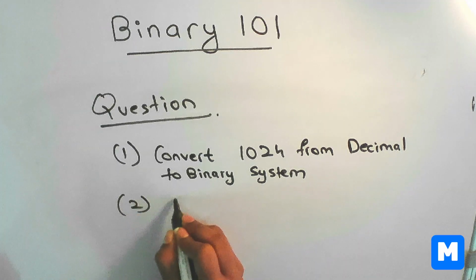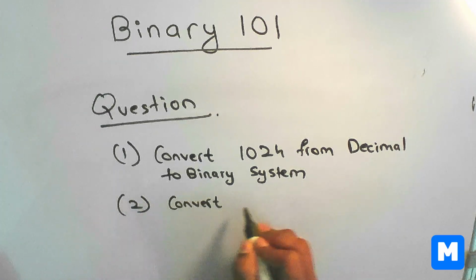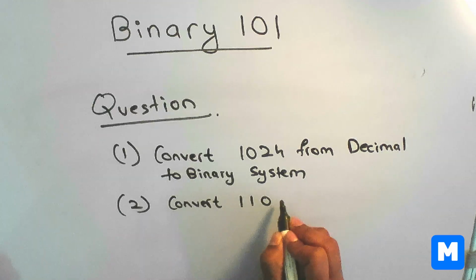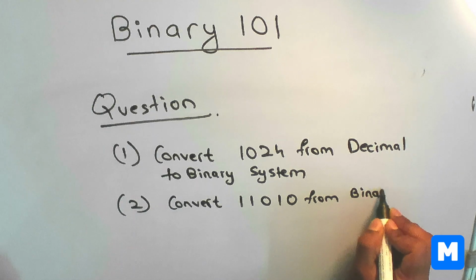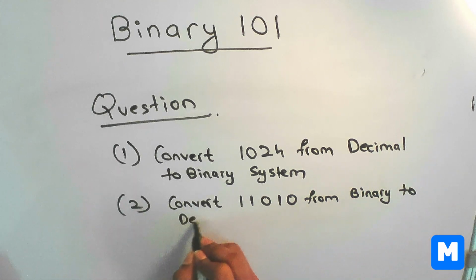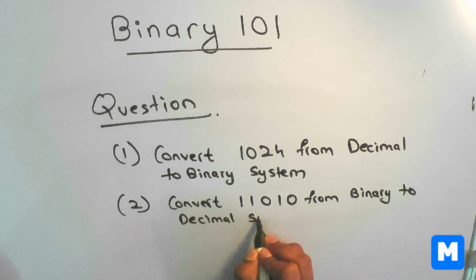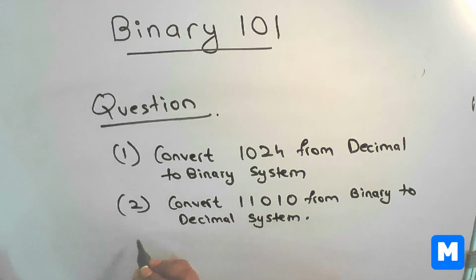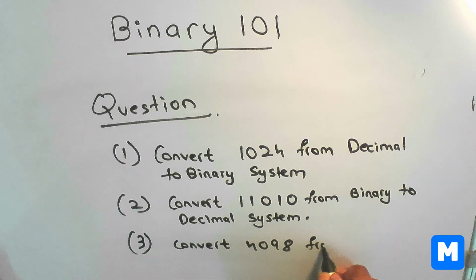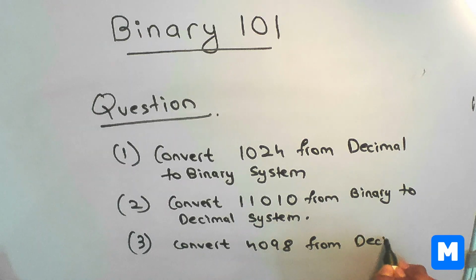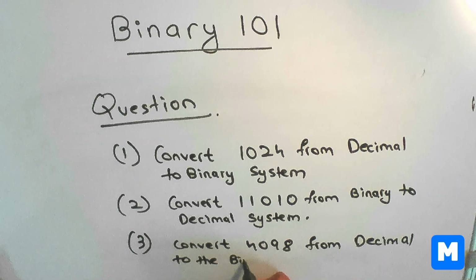Second, convert 11010 from binary to decimal system. Third, convert 4098 from decimal to the binary system.